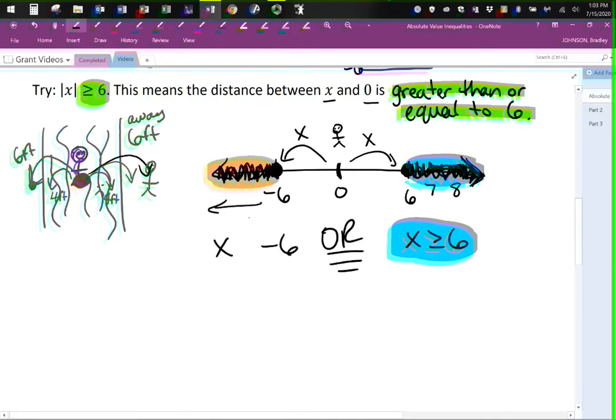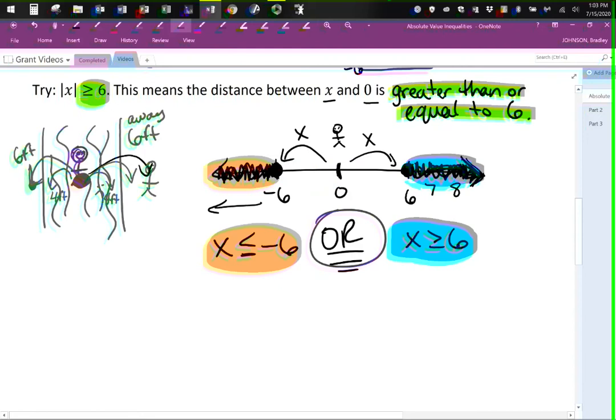Well, you see how it's pointed to the left, right? So this would be less than or equal to -6. So we have our solution here to be X is less than or equal to -6, or X is greater than or equal to 6, right? This in between, we do not want that to be part of our solution.